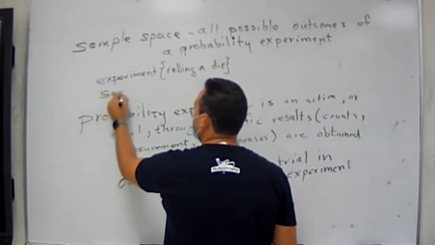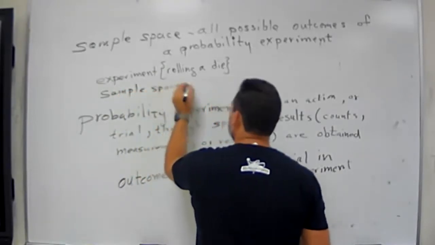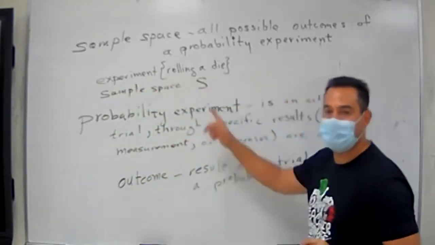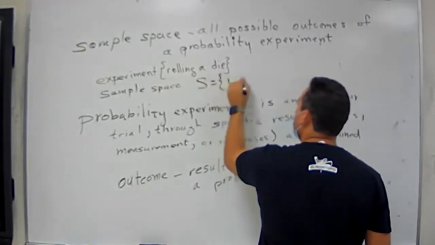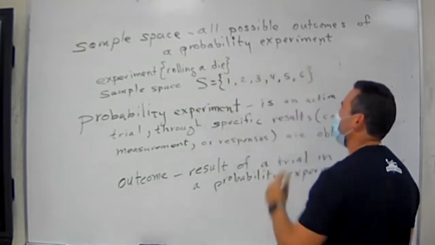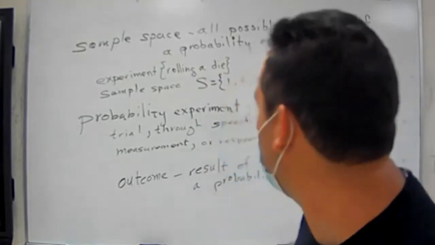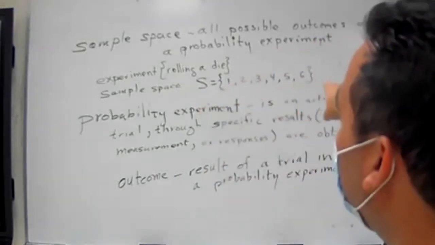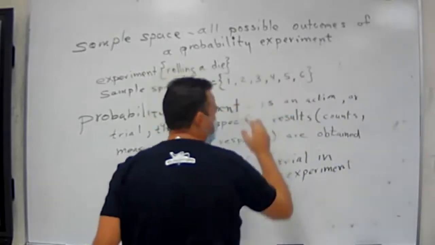The sample space, which we're just going to abbreviate with S, equals 1, 2, 3, 4, 5, 6. Do you see that? The sample space is all the possible outcomes the probability experiment has. So here's your sample space.